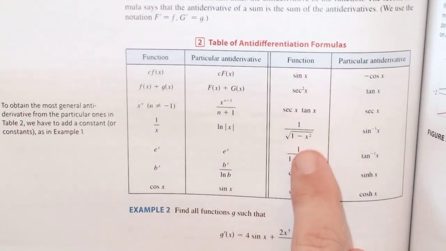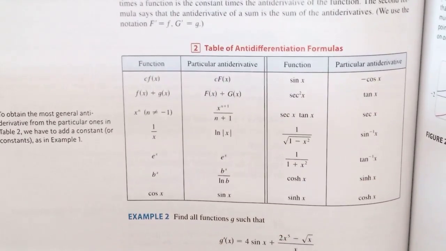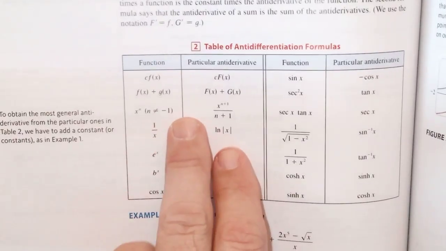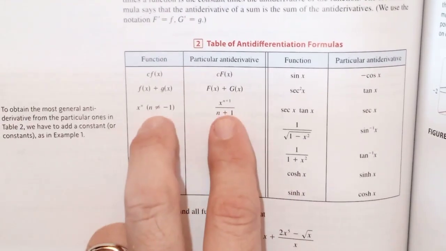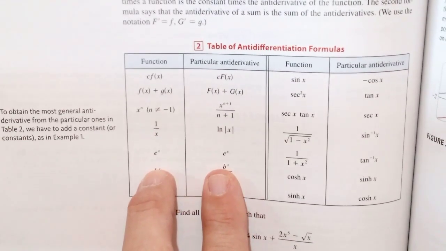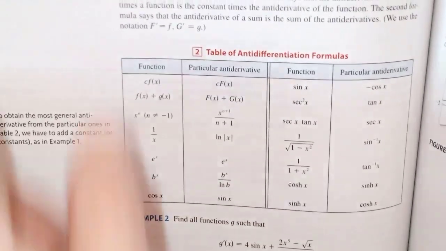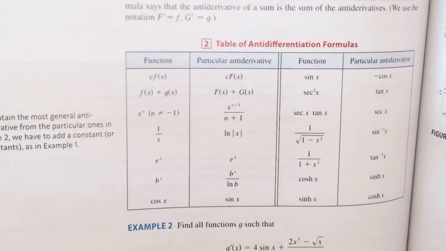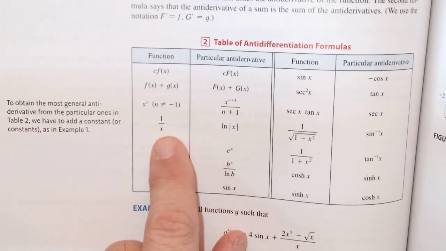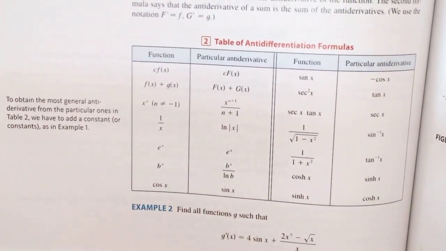Cosine, sine, secant, secant. These are all on the formula sheet. We didn't do hyperbolics. I'm not worried about those last two. It's just these two up here. These three, 1, 2, 3, are the only three you need to have memorized. Everything else is on our formula sheet. This one, power rule, logarithm, the exponential. The rest of them come off our trig formula sheet.